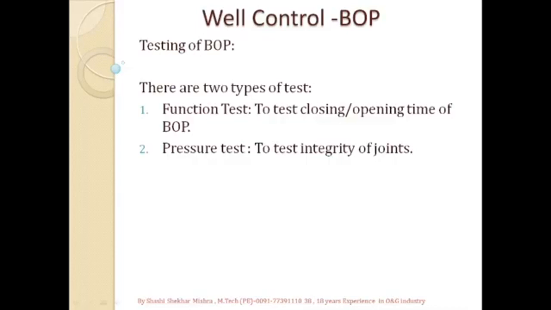The test plug is placed in the well head and the test is carried out with the pipe for annular and pipe ram BOP. For blind ram, the pipe is removed to test the blind ram.